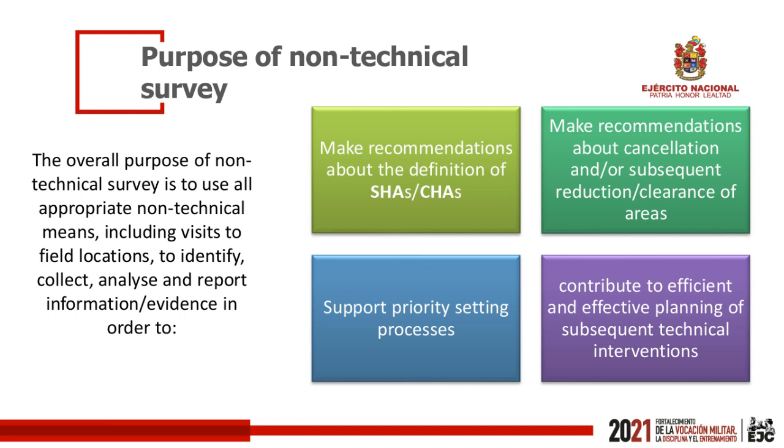Okay, and with all of that information, send those documents to the organization for a subsequent investigation with technical survey, or to cancel all the investigation and define that area.